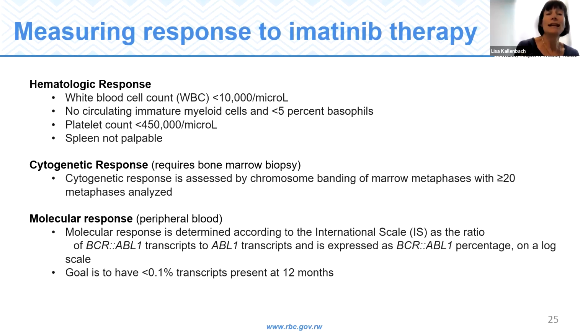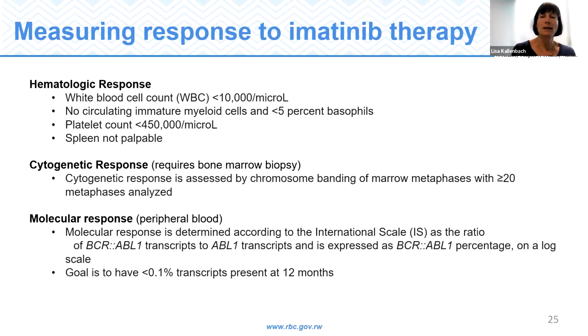Then we look for a cytogenetic response. And this requires a bone marrow biopsy, but it's assessed by chromosome banding of the marrow metaphases with at least 20 metaphases analyzed. And then we want a molecular response. In the peripheral blood, we can look at the BCR-ABL transcripts on PCR testing.